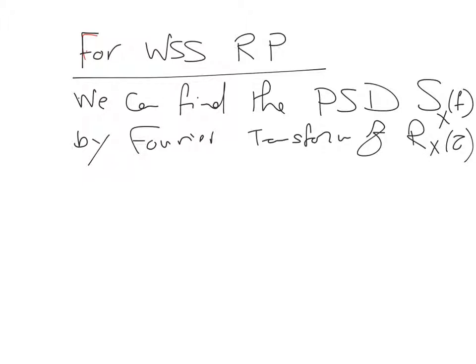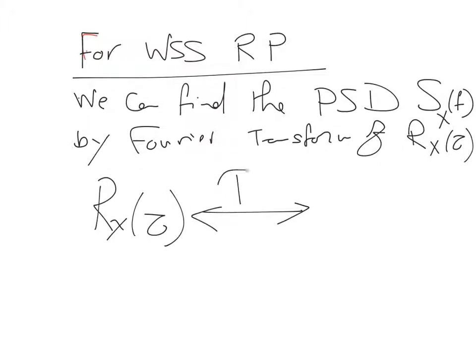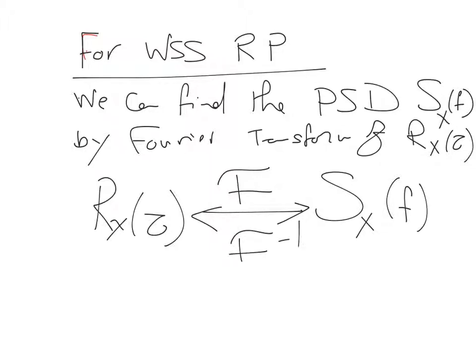So if I have Rx of tau, I can do the Fourier transform to get Sx of f, and of course vice versa, I can do the other way around by the inverse Fourier transform. This is true only for wide-sense stationary random processes.